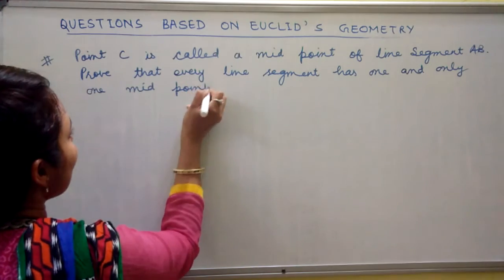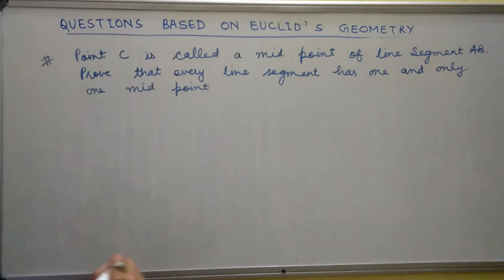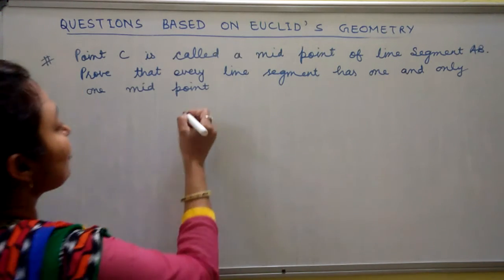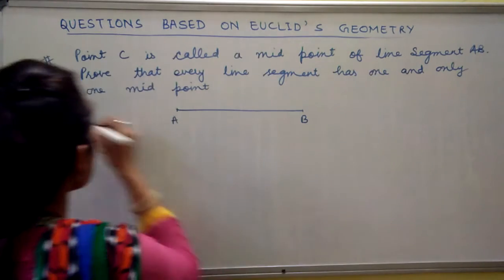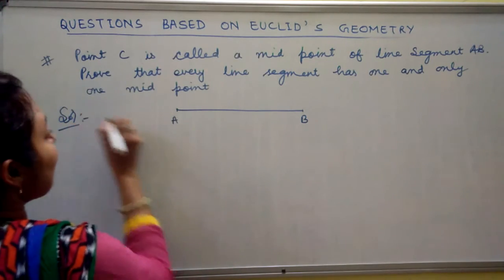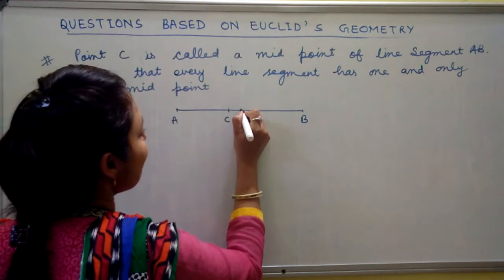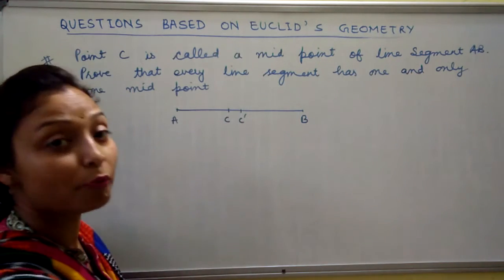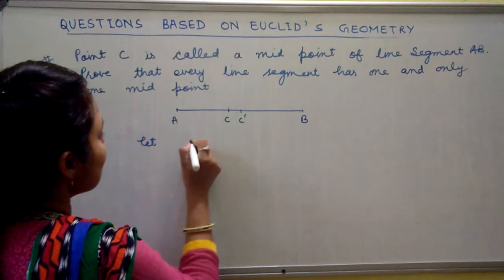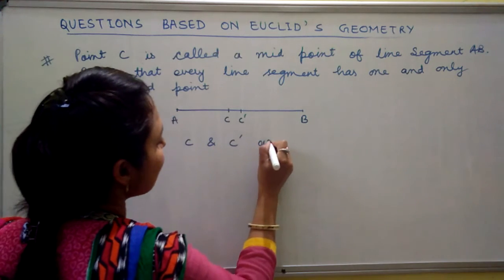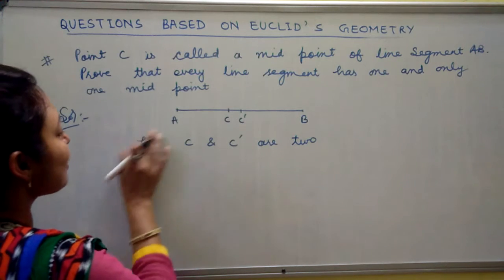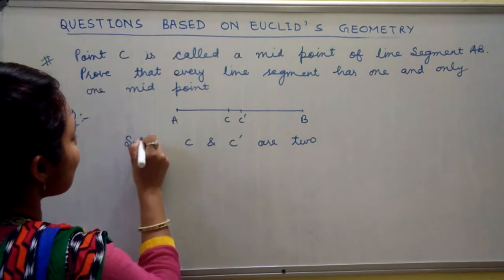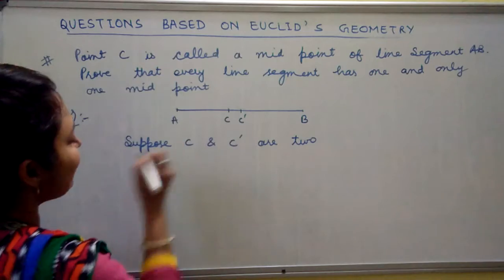We have already solved that if C is the midpoint, then AC equals half of AB. So I will take a line AB, and let us suppose C and C dash are two midpoints. We suppose this, and at last we will cancel our supposition.